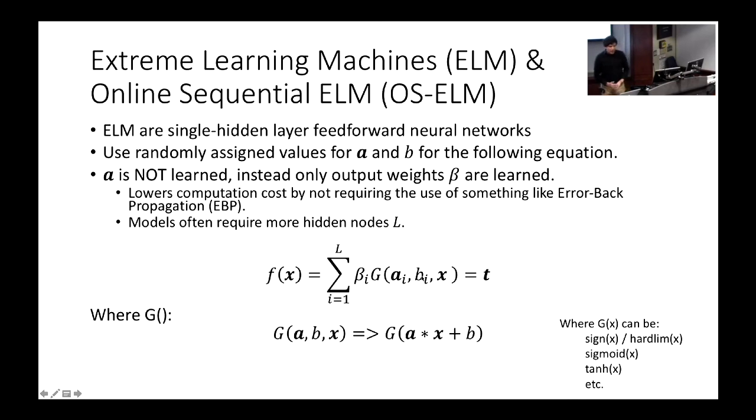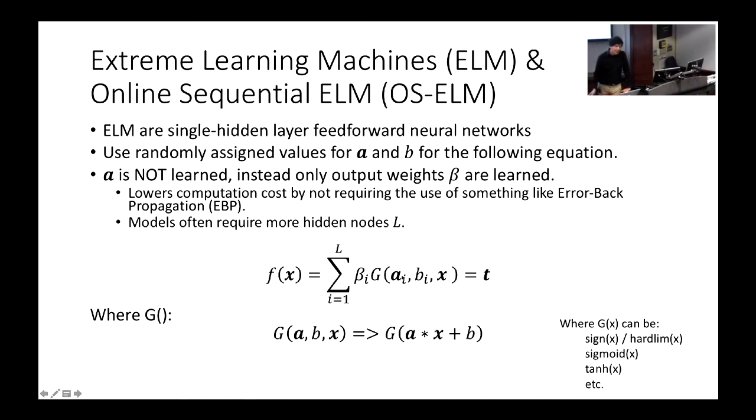The key feature here is that with a normal neural network with an error back-propagation system, you'd be learning both the beta values and the a values here.